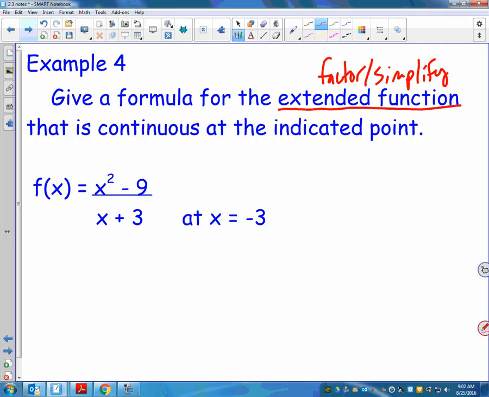So I could factor this into x minus 3, x plus 3. And then I can cancel that out. So the extended function would be f of x equals x minus 3.